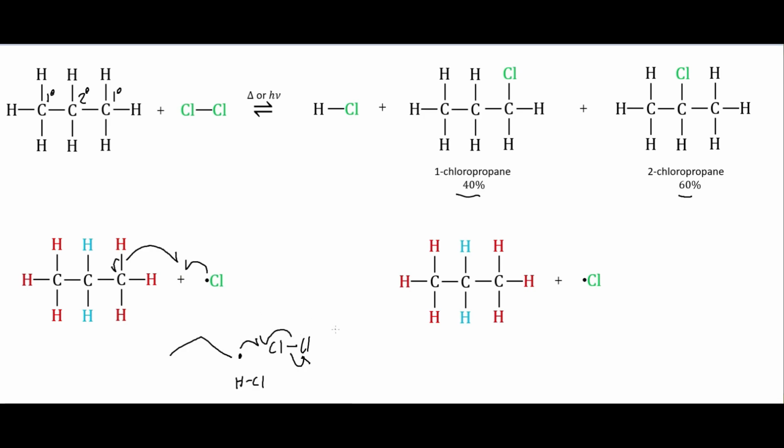And so we end up then with one of the chlorines bound onto the primary carbon. Here we are going there, we are going there, and then this one is going down there, so that we end up with this species right here. We bring in our next chlorine here, and so this will bind to that, that will bind to that, and that one will go to there to reform this right there.